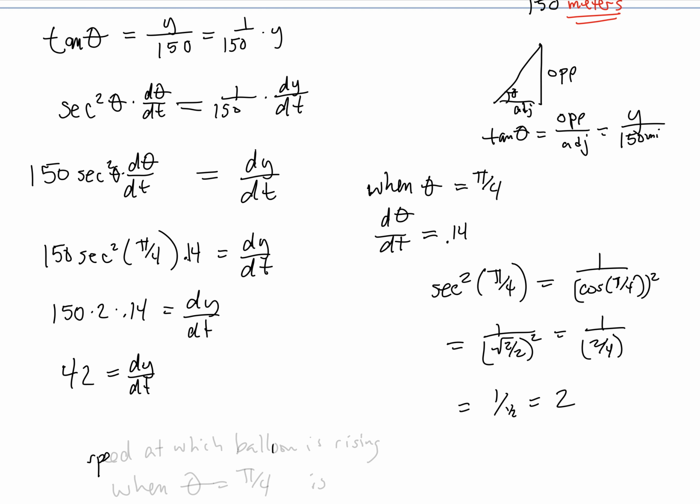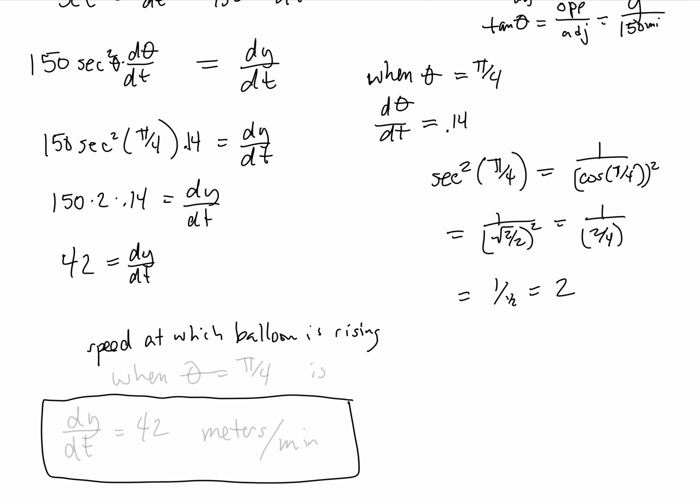So the speed at which this balloon is rising when the angle is pi over 4 is 42 miles per minute, and that's dy/dt.